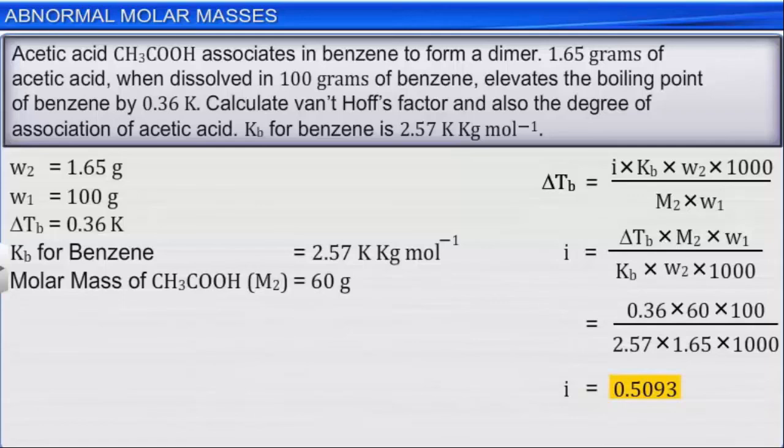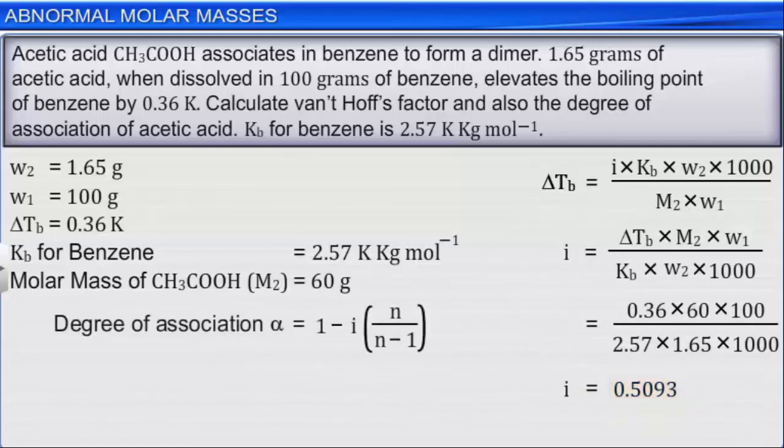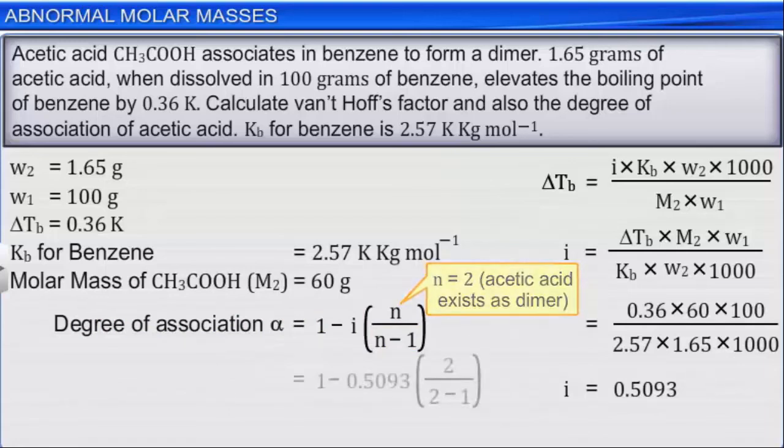Substituting for i in the equation, degree of association alpha is equal to (1 minus i) multiplied by n, divided by (n minus 1). Now, n for acetic acid is 2 as it exists as a dimer. On solving, we get degree of association alpha is equal to 0.98.